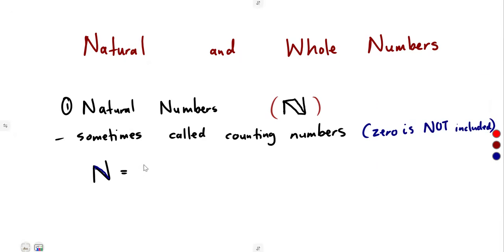Natural numbers are a set of digits starting from 1. We are not going to include 0 there. So we are going to count starting from 1, 1, 2, the way that you count.